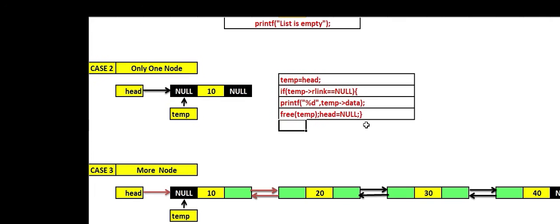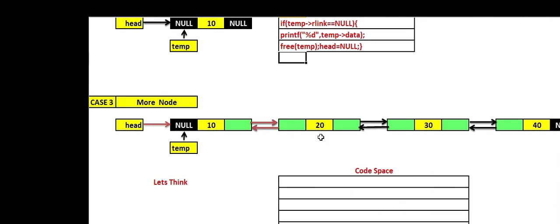Okay, so once it is done, we will go to case 3 where we have more than one node. In that case, if you want to delete this node, you have to move the head to point to the second node, because the second node becomes the first node if you delete this node. That is the first thing.